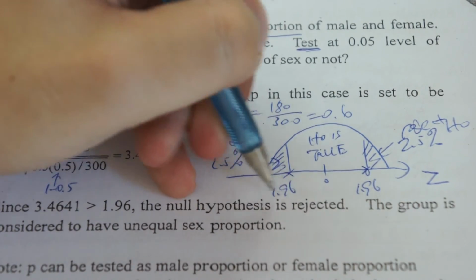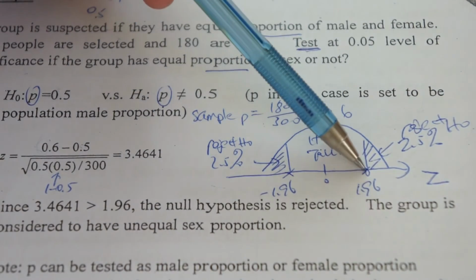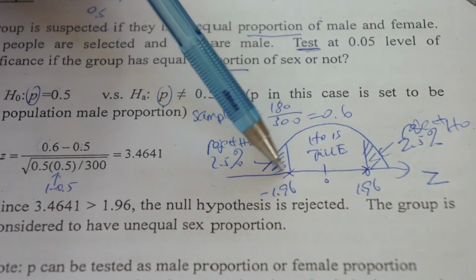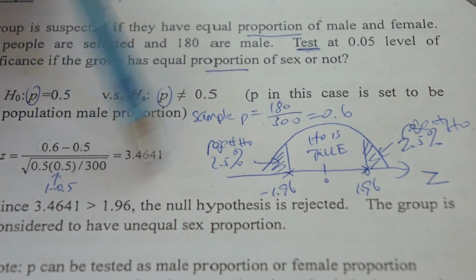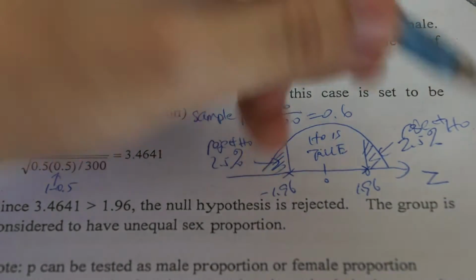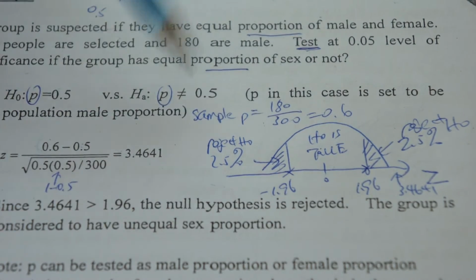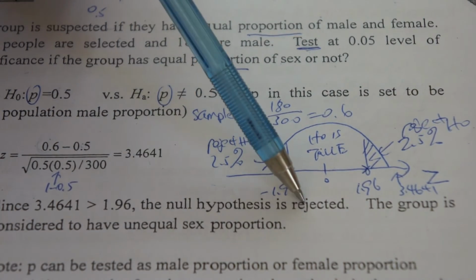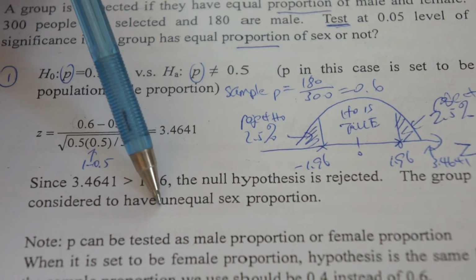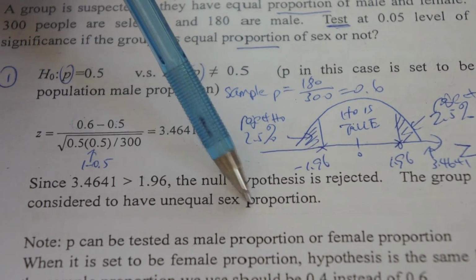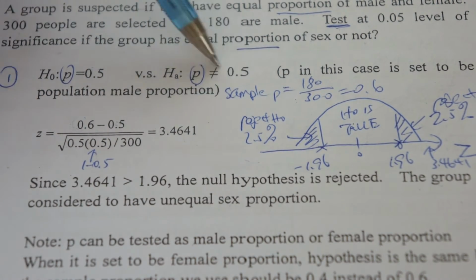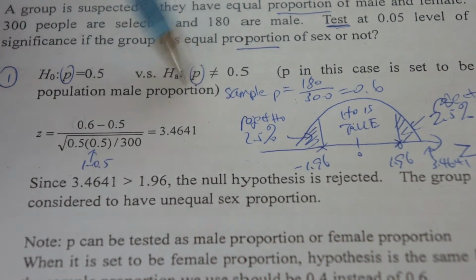Checking the z table, it is 1.96, this is negative 1.96, and the number you have calculated is 3.4641, which is in here. So you should reject the null hypothesis, right? The group is considered to have unequal sex proportion because this one is rejected. Therefore we accept this one and then write down the sentence.